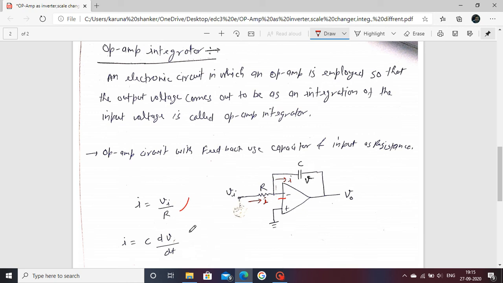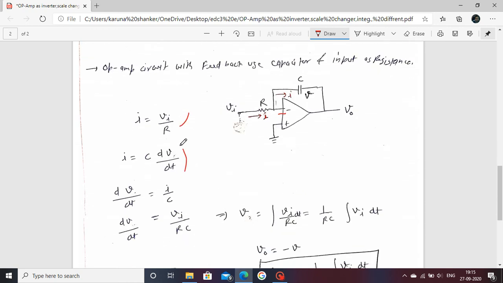In electrical networks, I is equal to C dV by dt, where V is the voltage across the capacitor. Arranging V on one side, dV by dt is equal to I by C. Putting in the value of I, this gives Vi upon RC. Now moving dt to the right side and integrating, V is equal to 1 upon RC times the integration of Vi dt, where V is the voltage across the capacitor.